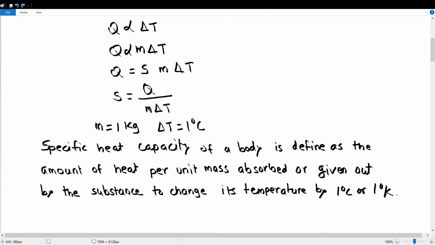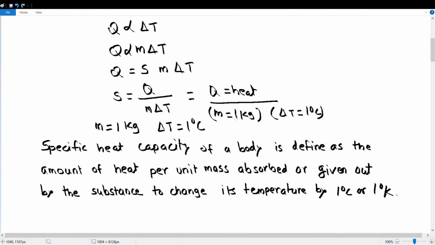Here this Q is nothing but the amount of heat, and M is unity. M is equal to 1 kg, and the change in temperature delta T is 1 degree Celsius.